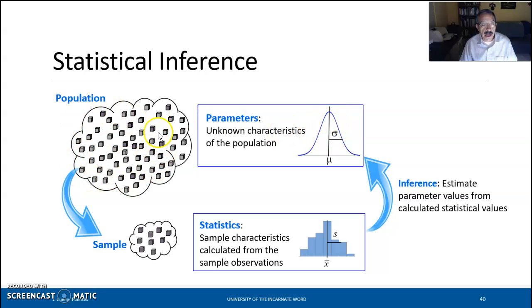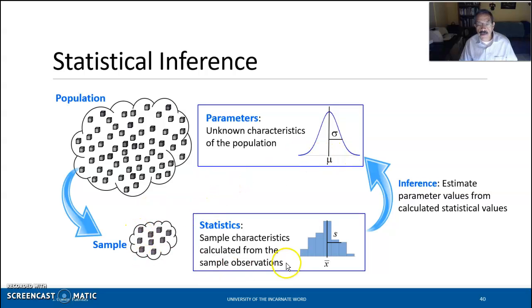And because we cannot study the entire population, we take a sample, hopefully a random sample, so that from the data in this sample we can calculate the different statistics. Here I'm showing the sample mean and the sample standard deviation, and the histogram of that data, which is sometimes used to estimate the shape of the probability distribution of the population.